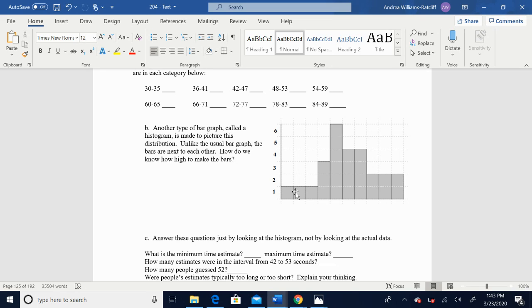So that clearly makes a boundary that puts my 35 seconds down here and my 36 seconds up here. If I had results that were counted in tenths, then I might make my bar go to the hundredths place. Okay, so I set these boundaries up to be one decimal place more specific than the results that I have, so it clearly sorts all of my results into one category or another.